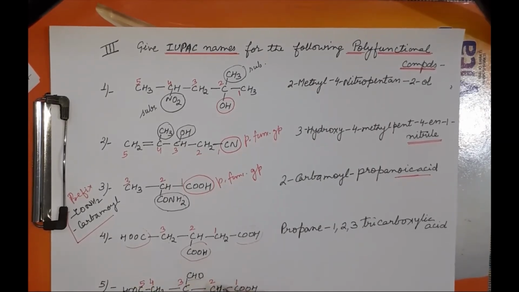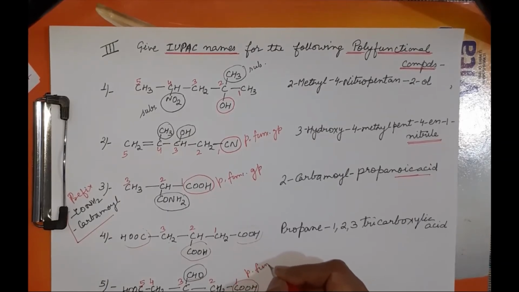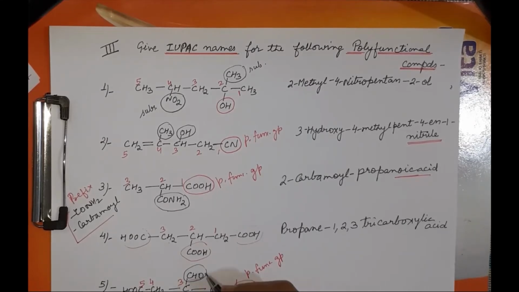So both these will be the substituents, and this will be the principal functional group. And whenever this CHO group is present as the substituent, the word formyl is used for this as a prefix. So we write it as formyl. And this carboxylic COOH group is written as carboxy as a substituent. So here I will write it: prefix.